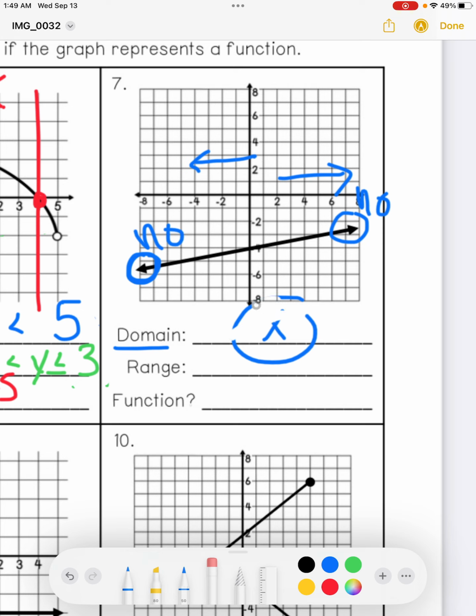Well, let's think about it. If domain is supposed to tell me all of the possible numbers that I can use for X, and I go all the way to the left and all the way to the right forever, are there any X values that I don't use? No. I use every single X value. Because if I go all the way to the left, I hit all the negatives. And if I go all the way to the right, I get all the positives.